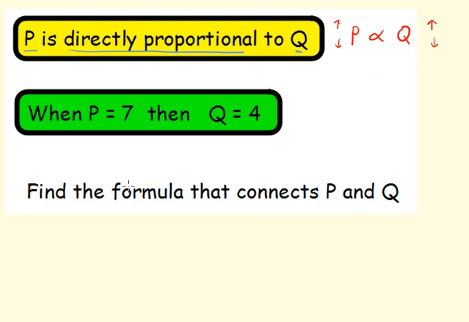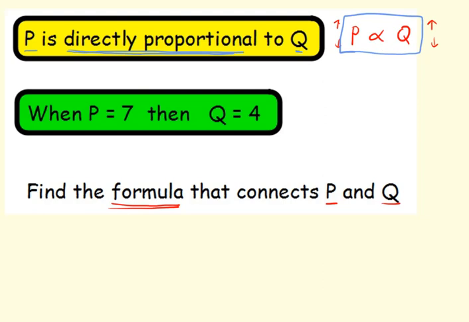Now, what we're going to do is work out a formula that connects P and Q together. Whenever you have this direct proportion and you see this kind of notation, you should always write this.